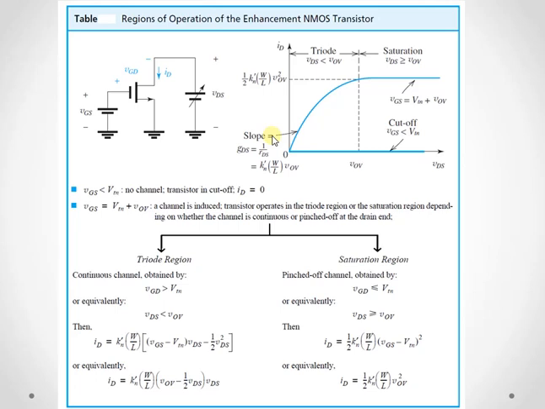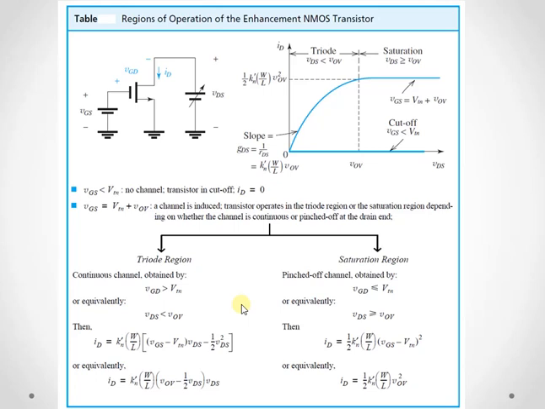The boundary between the triode region and the saturation region is determined by whether VDS is less than or greater than the overdrive voltage at which the transistor is operating. So an equivalent way to check for the region of operation is to examine the relative values of the drain and the gate voltage.